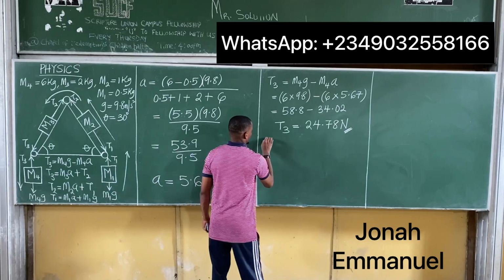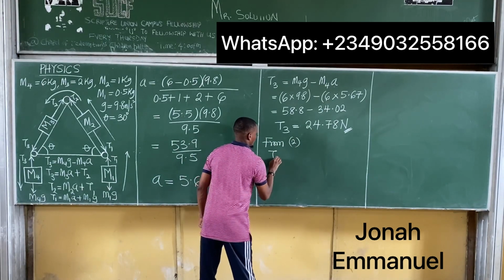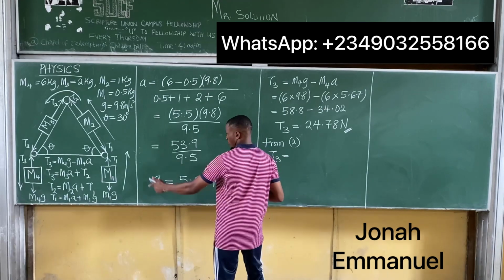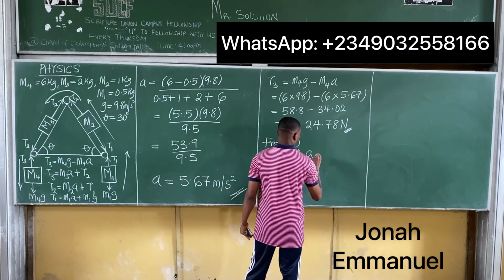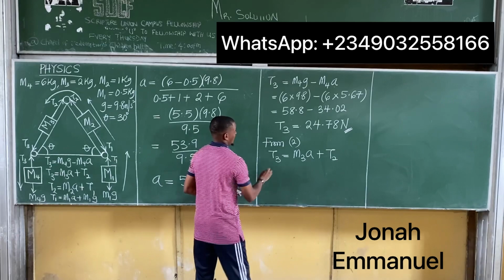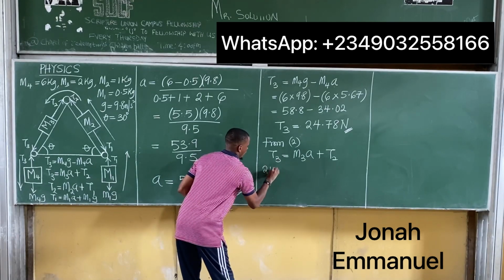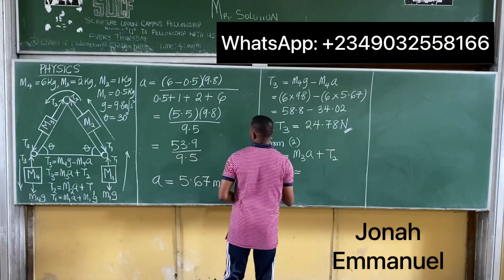So from equation 2, T3 is equal to M3A plus T2. So let's put this value here. T3 is 24.78, equal to M3.